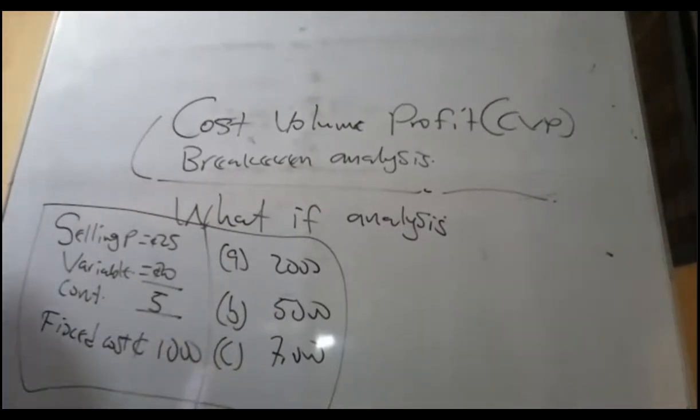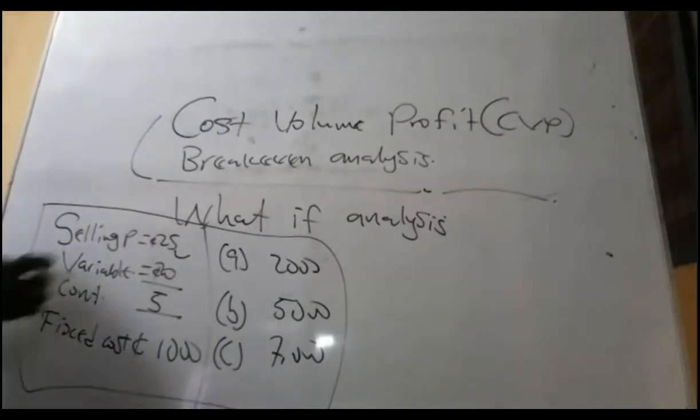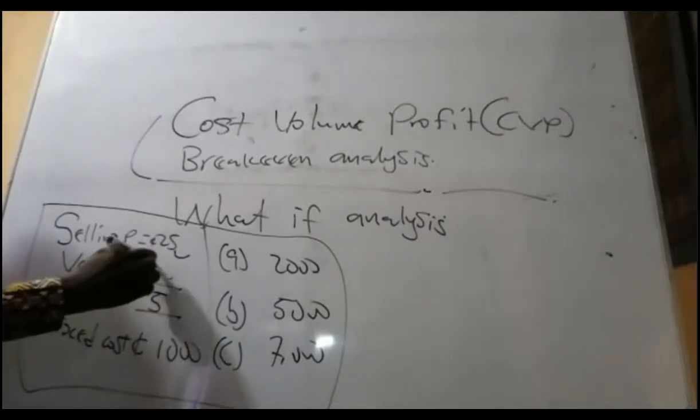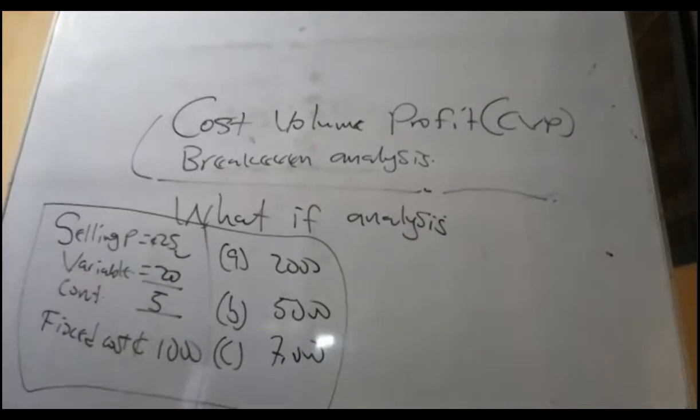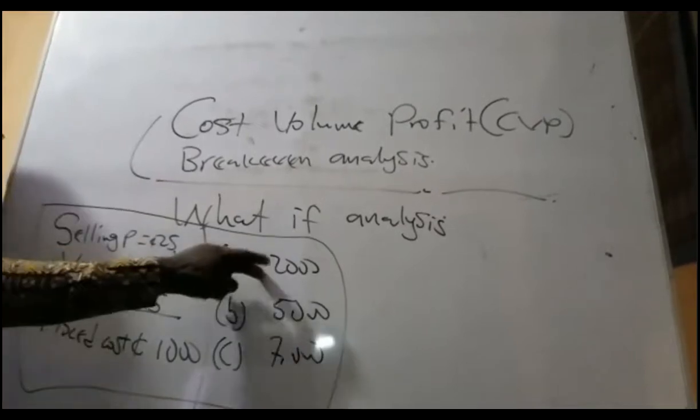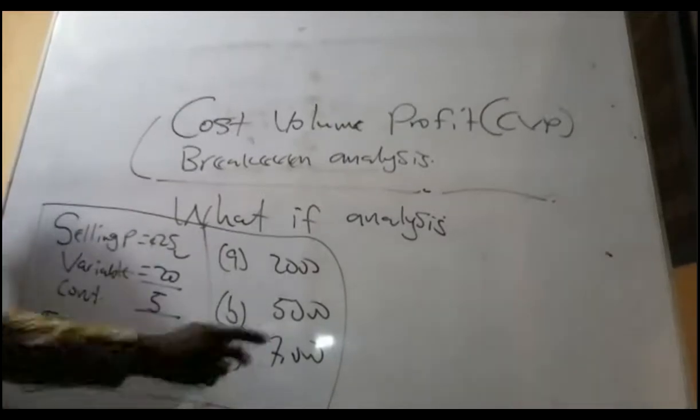So here we are saying that the company's selling price is 25. Variable cost happens to be 20 Ghana cedis. So the contribution will be 5 Ghana cedis per unit. Then the fixed cost happens to be 1,000 Ghana cedis. So the requirement is prepare an operating statement if the company produces and sells 2,000, 5,000, 7,000.